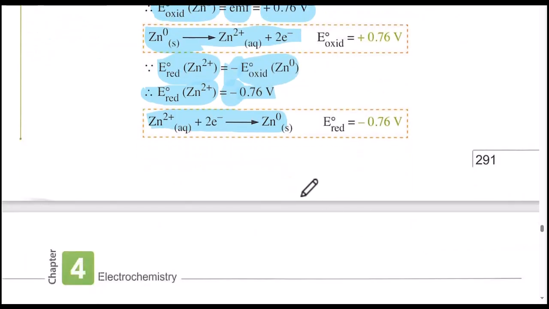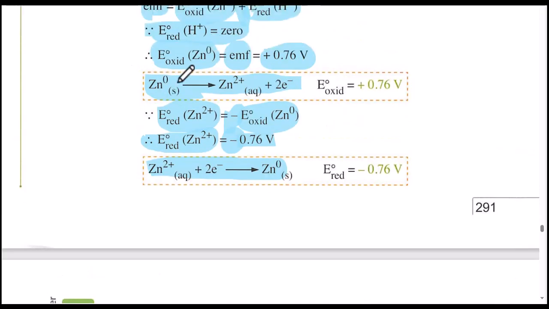So this is how we can calculate the zinc oxidation potential and the reduction potential of zinc ions by using the standard hydrogen electrode as a cathode.